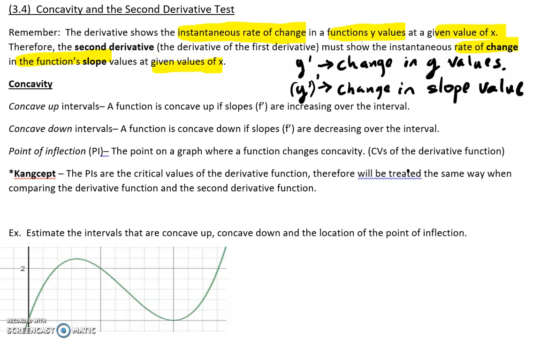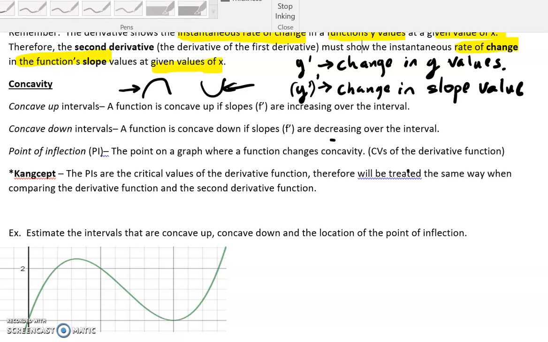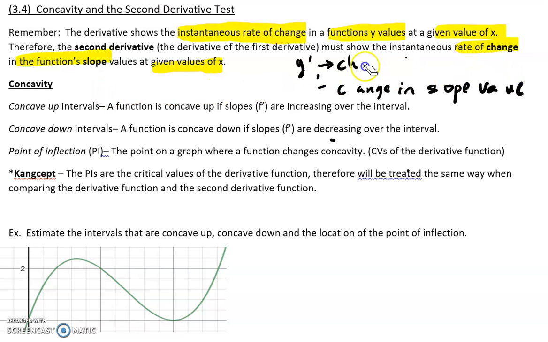Now, here are some definitions for us. Concavity. We have two types of concavity. We have something called concave up and we have something called concave down. Now, if you think about the word concave, concave means like that or like that, correct? You can either concave down or concave up. Now, the definition of concavity for concave up and concave down is as follows.